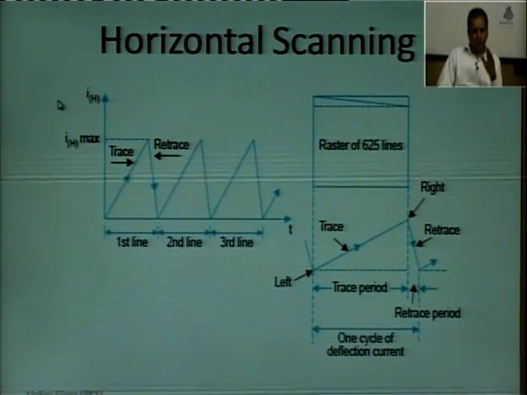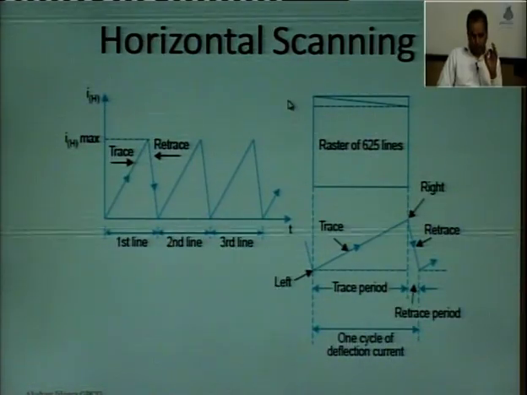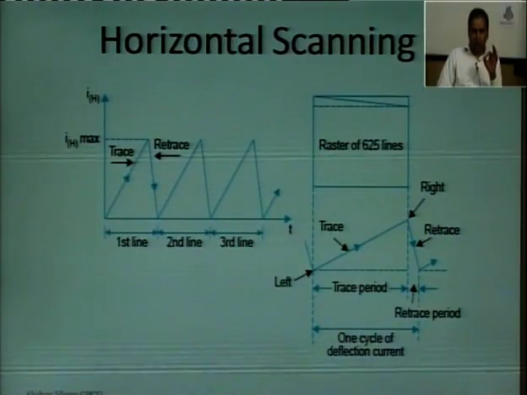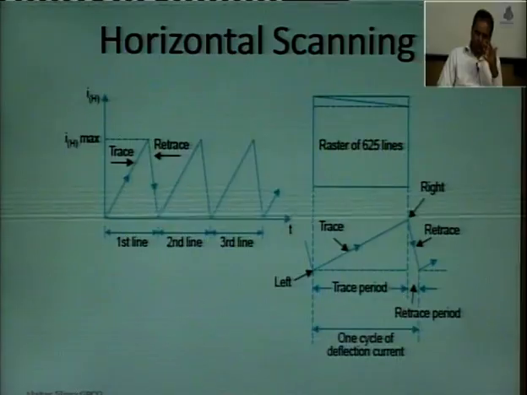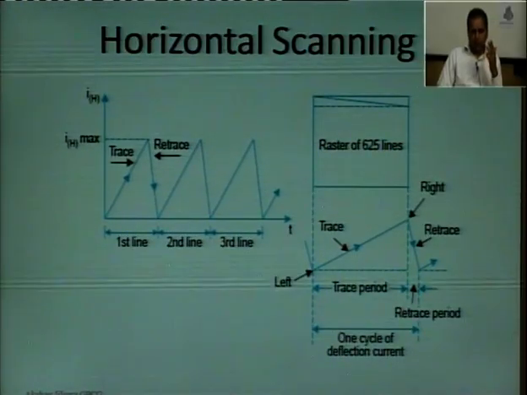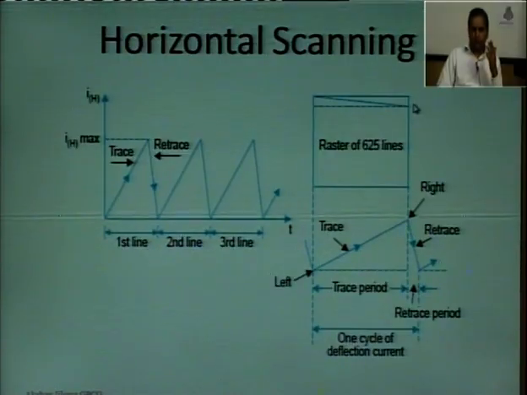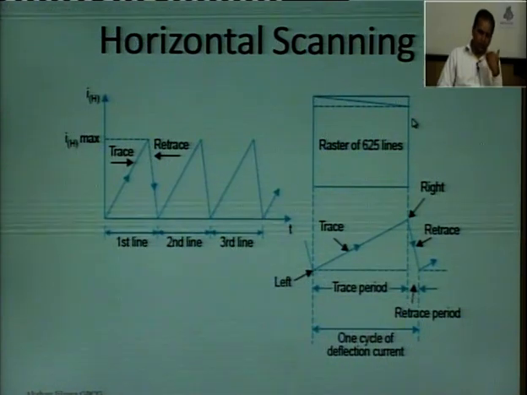In similar fashion, when we move from left to right, the information is picked up, and if it is a picture tube, the information is displayed; it is called trace. When we move from right to left, it is retrace. During this, no picture information is picked up and no picture information is displayed.